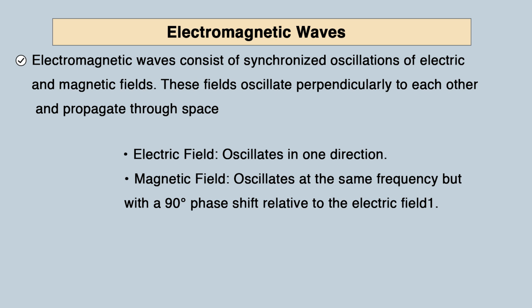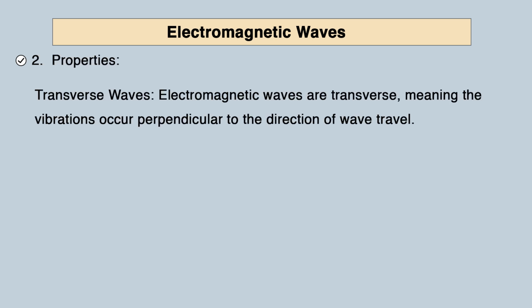The electric field oscillates in one direction. The magnetic field oscillates with the same frequency but with a 90-degree phase shift relative to the electric field. They have some properties, like being transverse waves. Electromagnetic waves are transverse, meaning their vibration occurs perpendicular to the direction of wave travel.